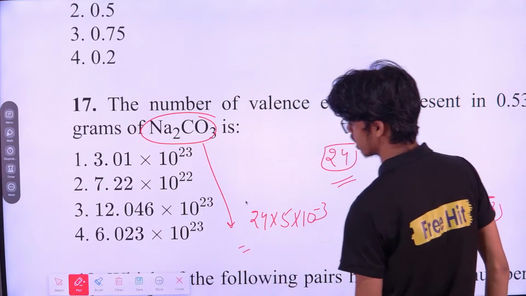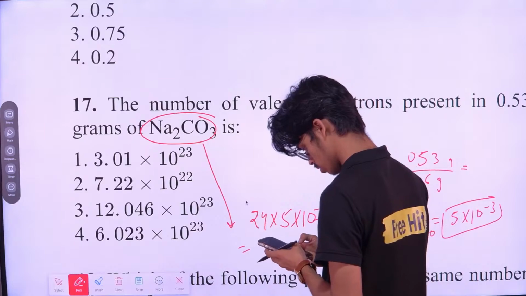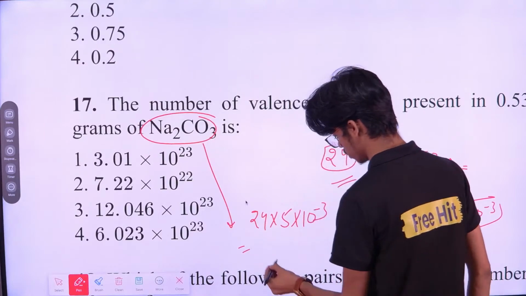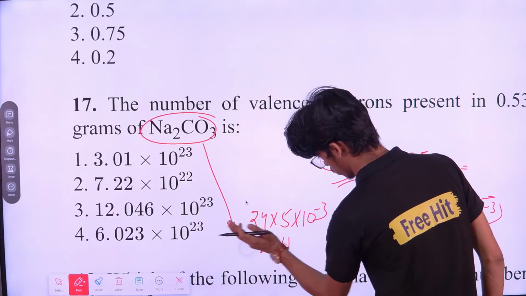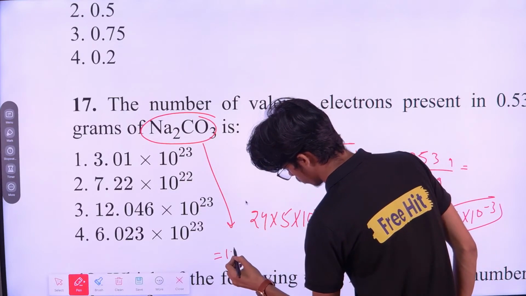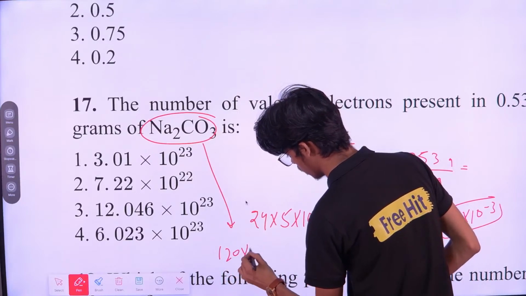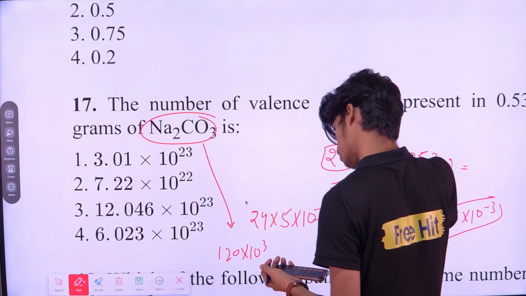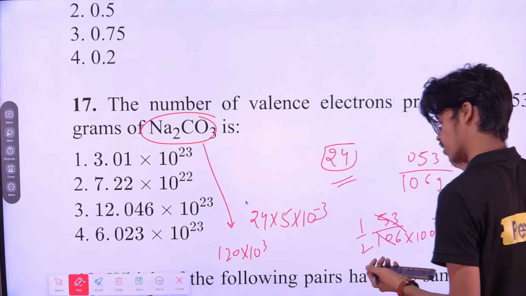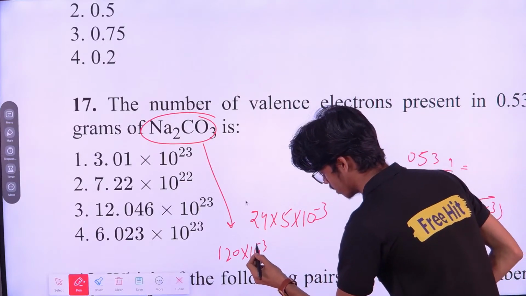It is asking us the particles again. So 24 into 5 is how much? 120, so 120 into 10 to the power 3. Wait, am I doing something wrong? Oh sorry, it's 10 to the power minus 3, not plus 3.